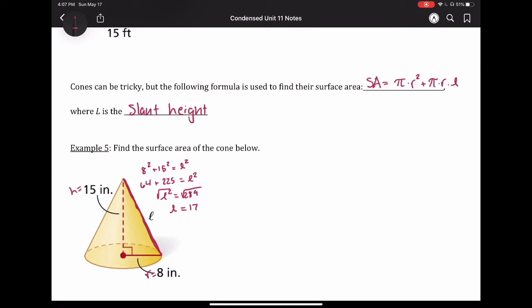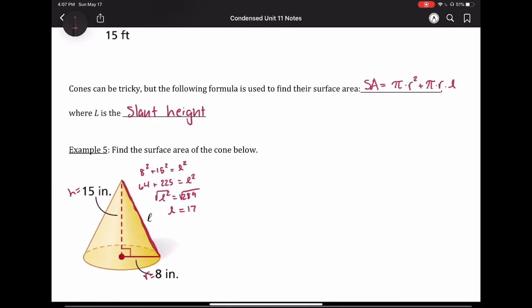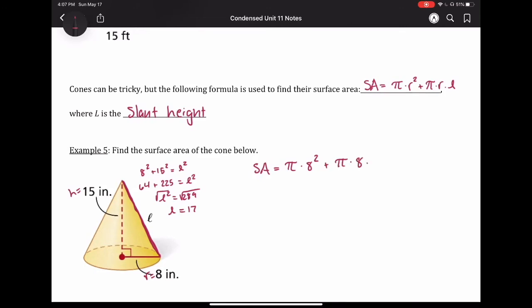Okay, so now that I have L and I have my height and my radius, I can go ahead and use my formula. So I have surface area is equal to pi times r, which was 8, so 8 squared, plus pi times the radius, which is 8, times L, the slant height, which is 17.